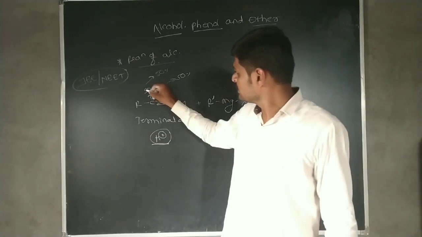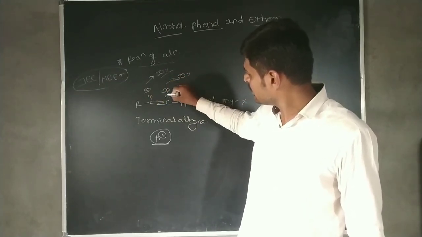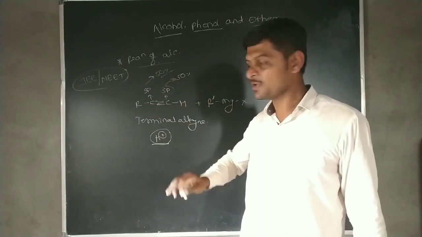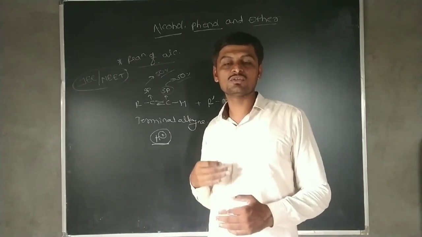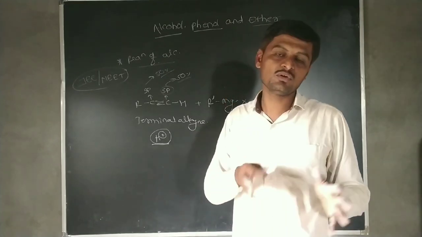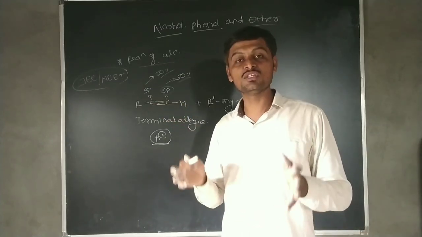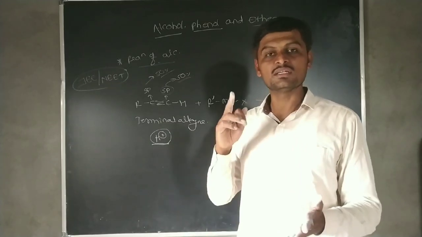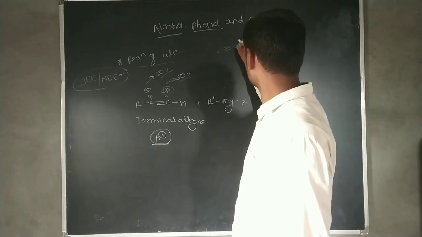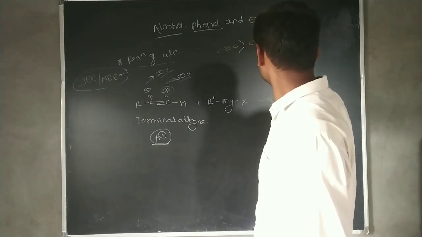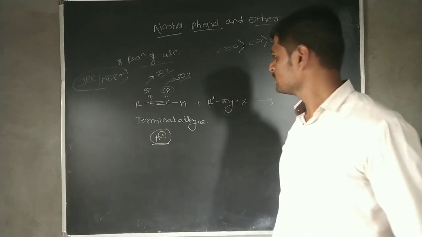Here in sp hybridization there is 50% s character, which is higher than sp2 and sp3. Therefore, the electronegativity of the triply bonded carbon atom is greater than that of the doubly bonded carbon atom and the singly bonded carbon atom.